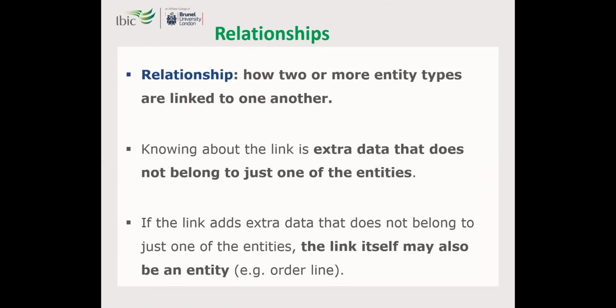So let's look at more of the definition of the relationship. How two or more entity types are linked to one another is going to define the relationship. When we want to understand the connection, we need some extra data showing that some of the entities belong to someone else or that there are some rules among them.